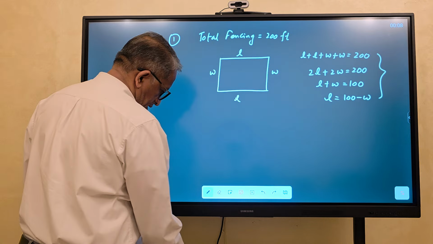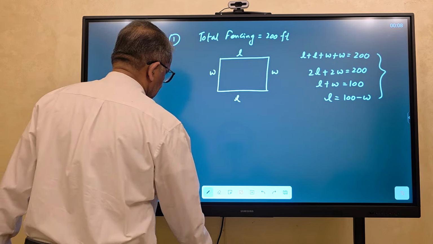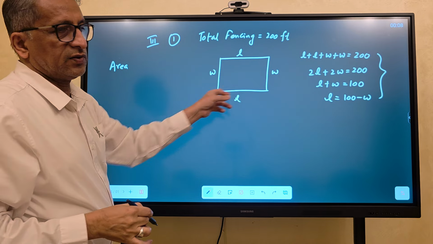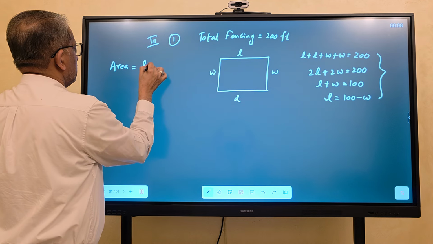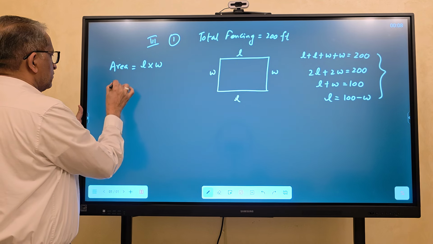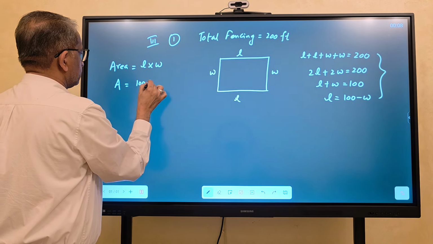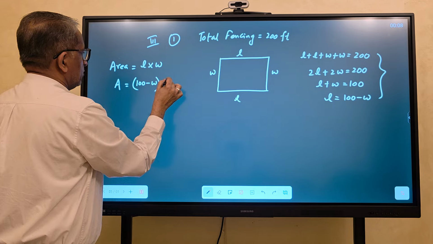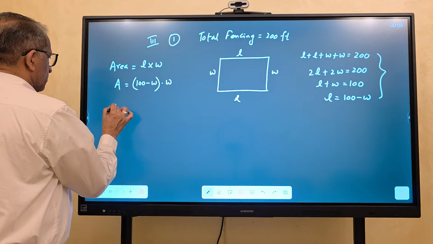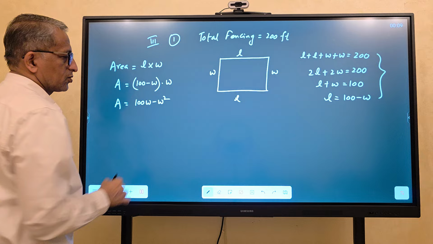Now the question is the greatest enclosed area. That means I have to find the area. What is the area of the rectangle? It is length times width. Put A equal to L, which is 100 minus W, times W. Open the bracket: this is 100W minus W square.